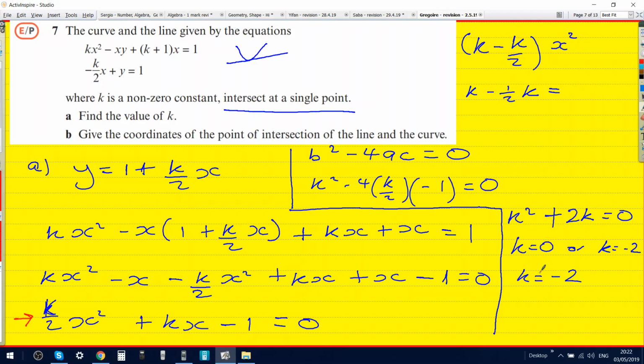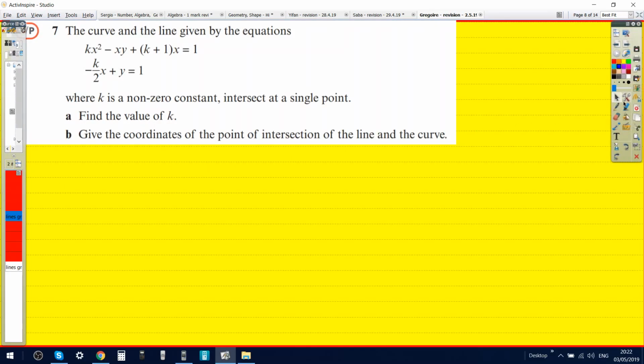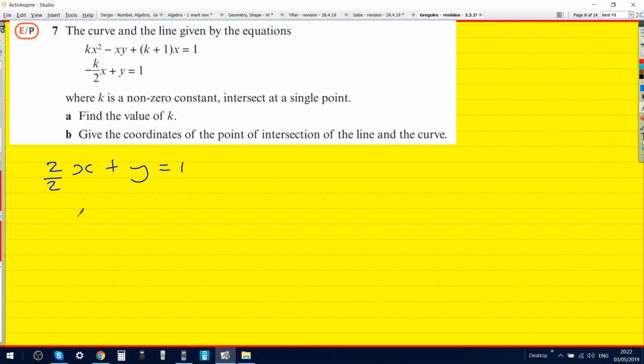So it would be 2 over 2x plus y equals 1. And from there we could rearrange it and then make it into a simultaneous equation. What is 2 over 2? 1, so just x. So x plus y equals 1.